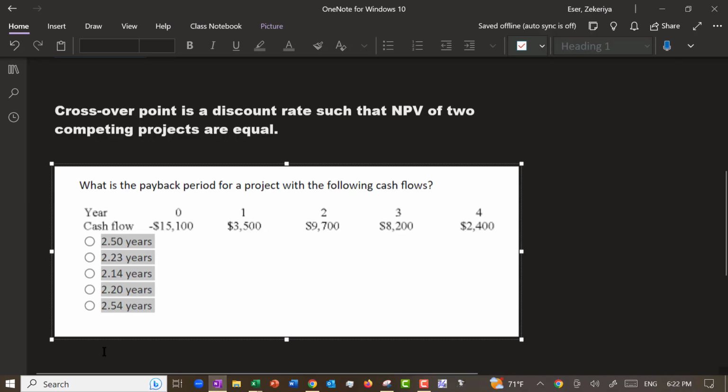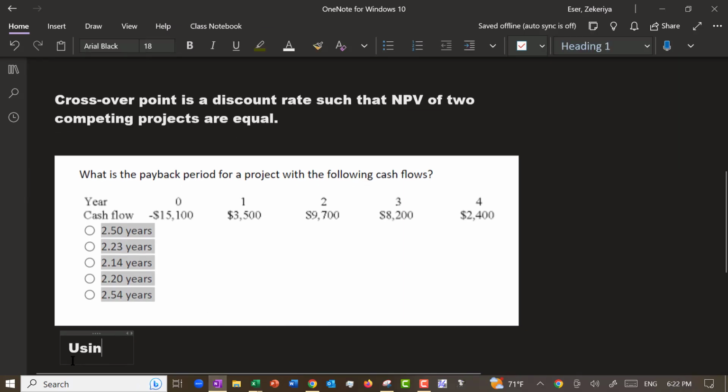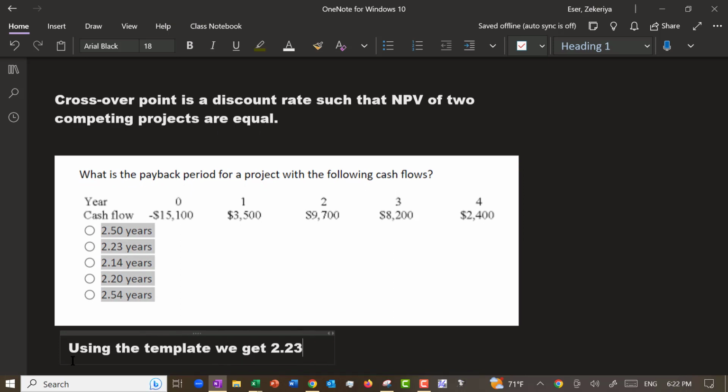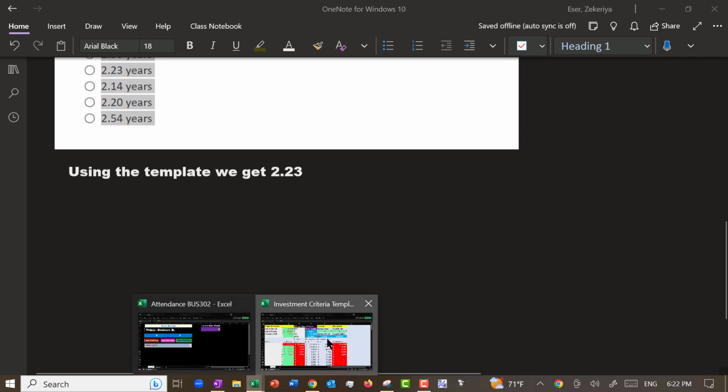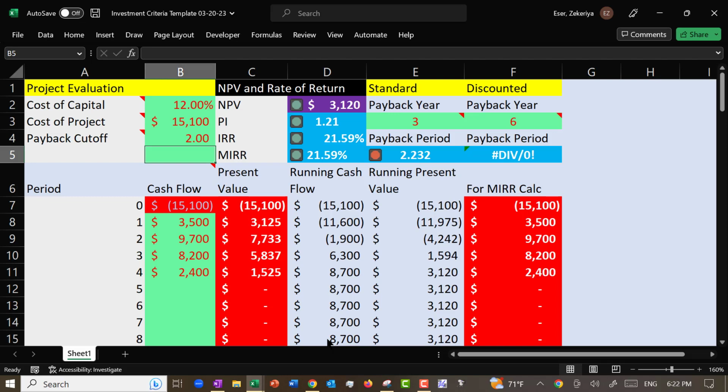Using the template, we get 2.23. I couldn't make this thing any easier for you guys, other than actually telling you the answer.